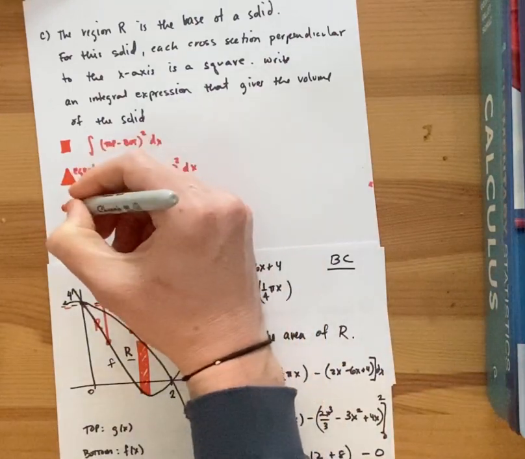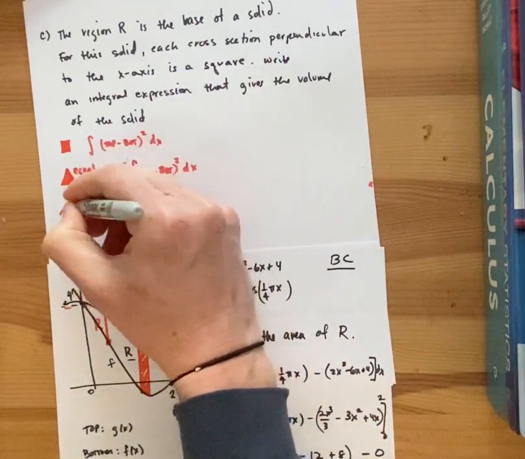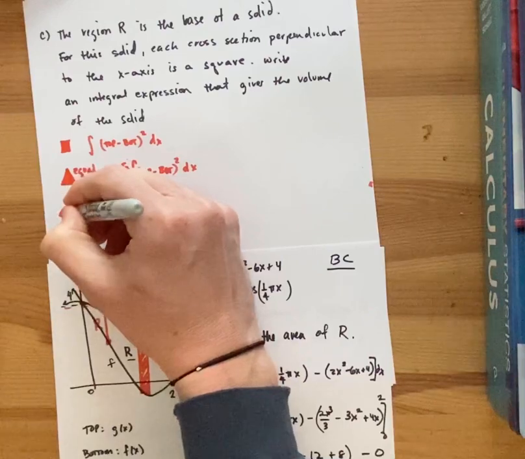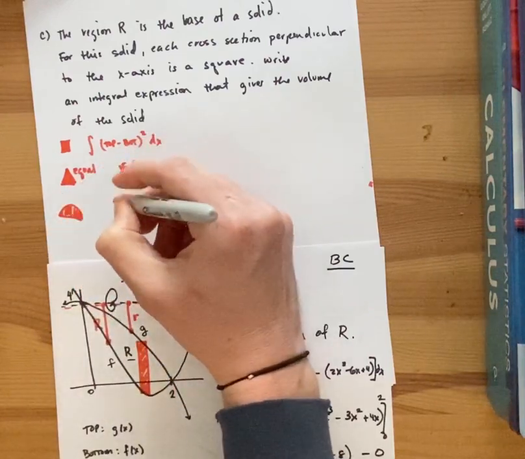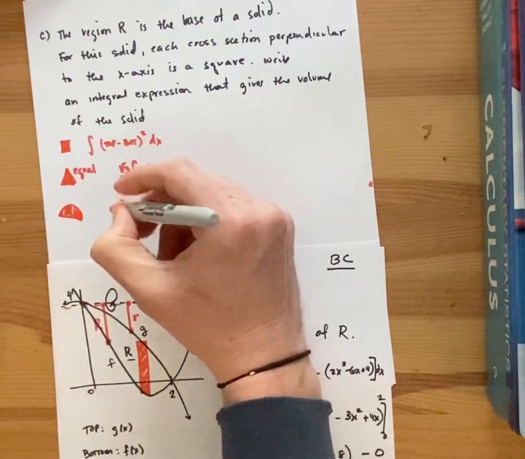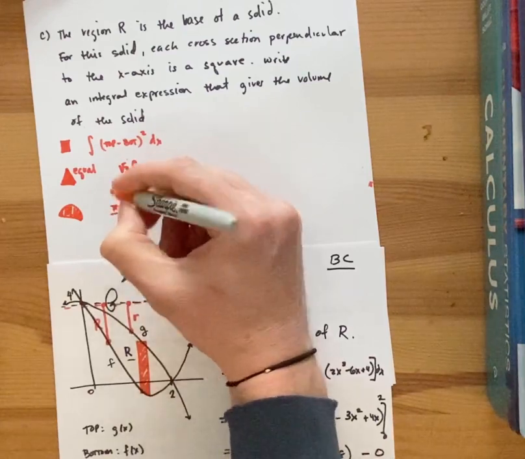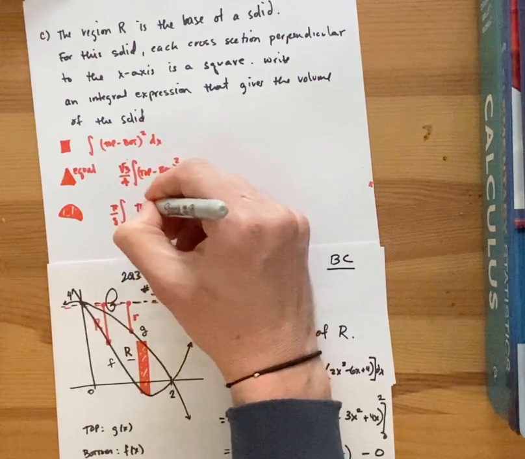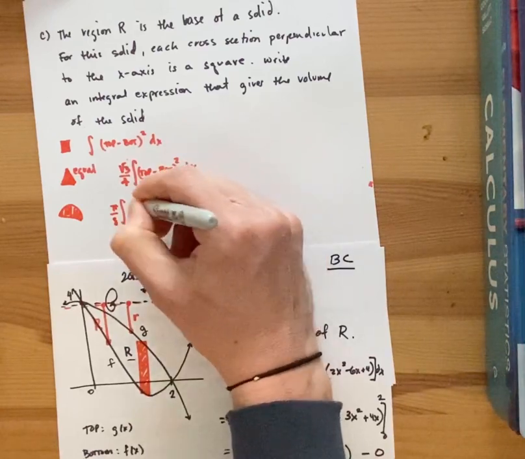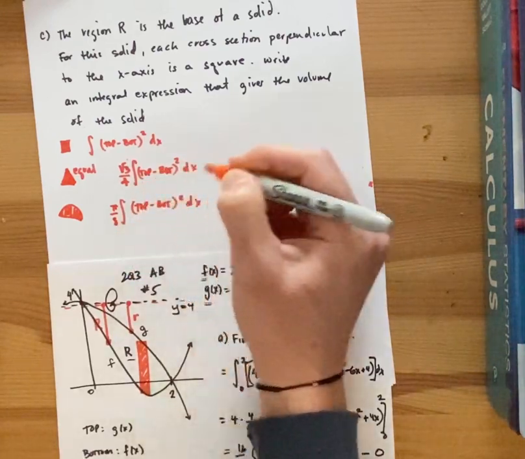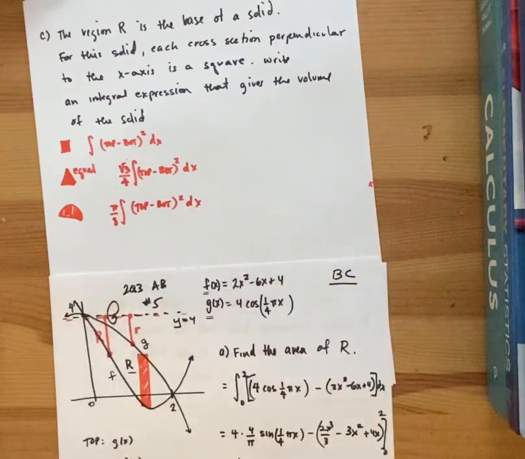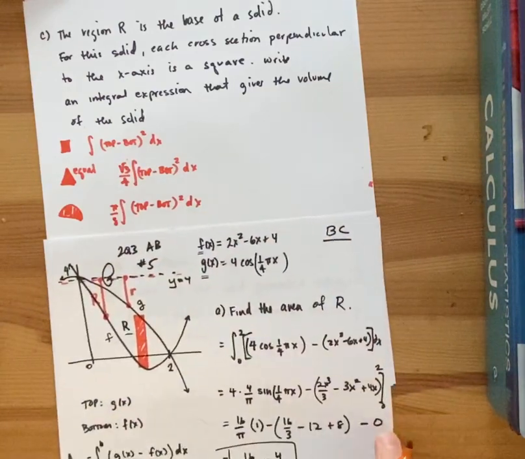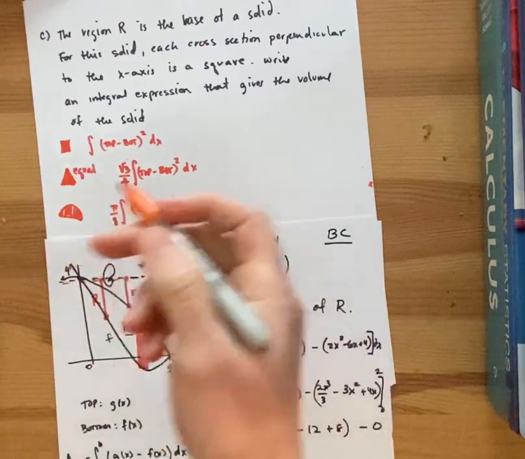If it's a semicircle, pi over 8, top minus bottom squared dx. And then make sure you have the other ones as well. But we're just doing the square, so I'm just doing the first one.